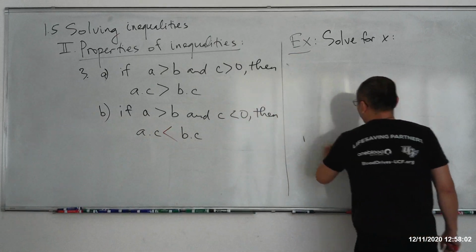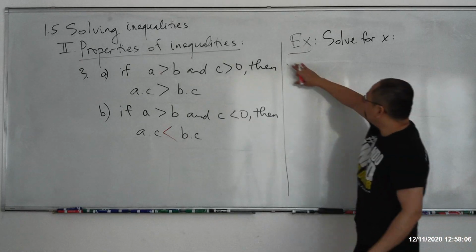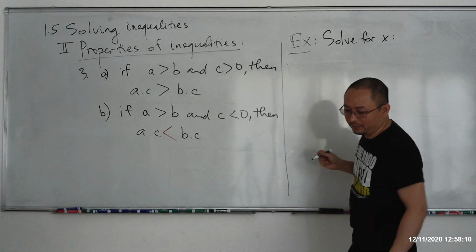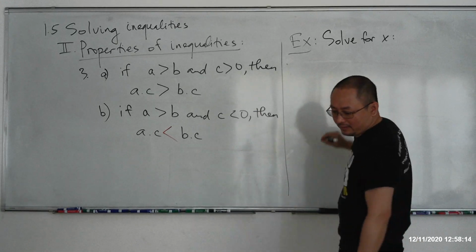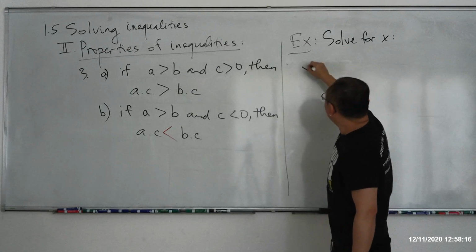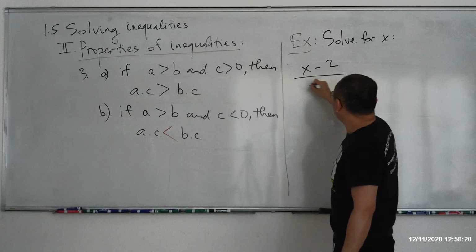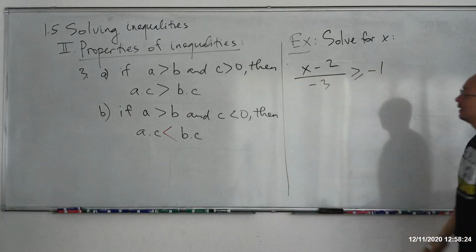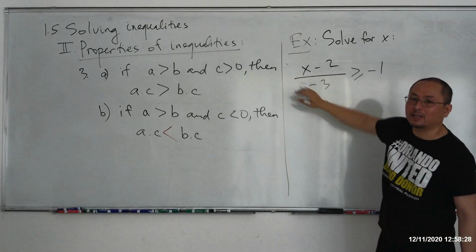Again, solve for x. You can have something like, how about (x minus 2) over negative 3 greater than or equal to negative 1. Solve for x, right? So first of all, we try to simplify the fraction on the left-hand side.